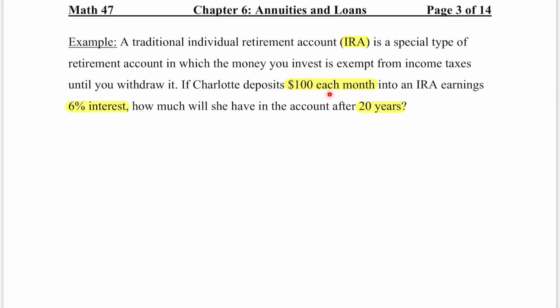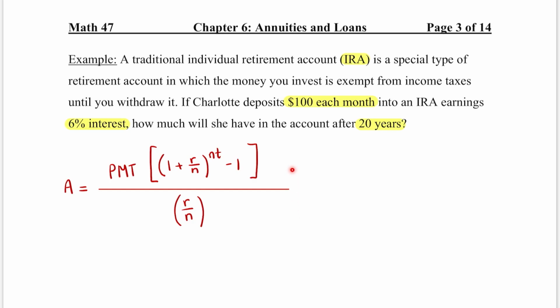So in this case, Charlotte deposits $100 each month for 20 years. So from now to 20 years later, she will deposit $100 each month to her account. So in this case, Charlotte is making many deposits into the account, so I am going to use the annuity formula.